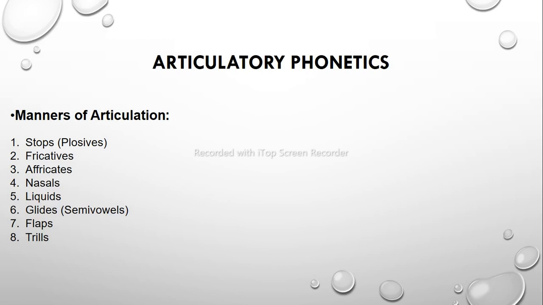Trills. These involve the rapid vibration of one articulator against another. An example is the rolled r sound found in some languages like Spanish. These manners of articulation help linguists categorize and describe the vast array of sounds found in human languages. Understanding them is key to learning about the diversity of speech sounds across different languages.